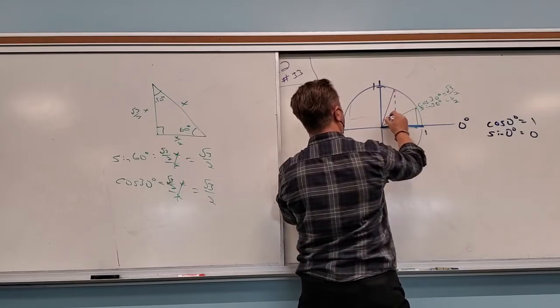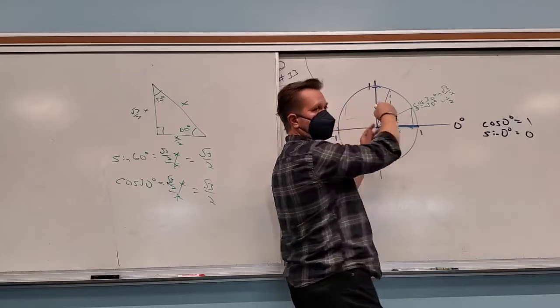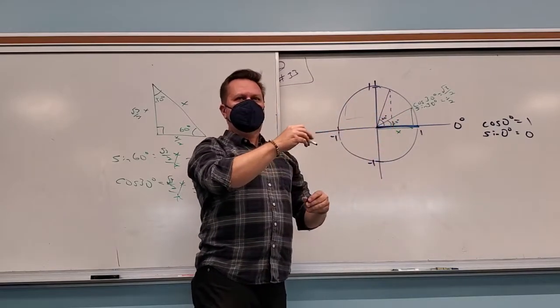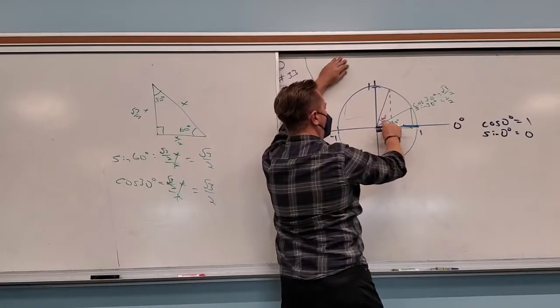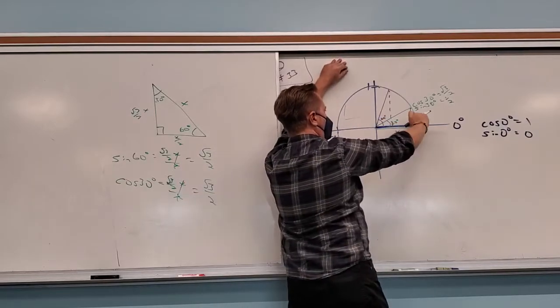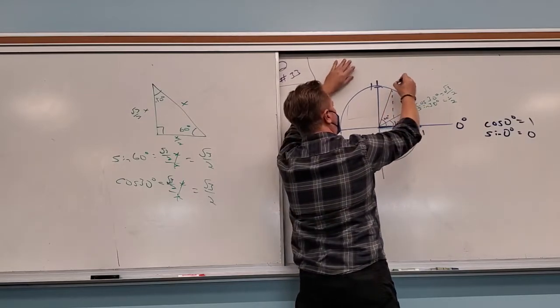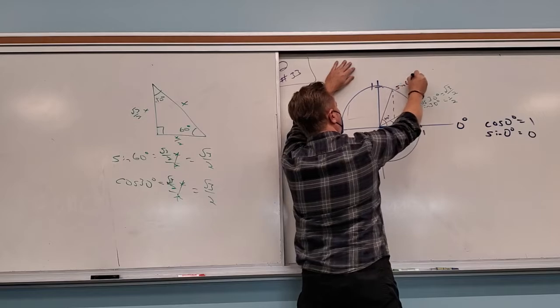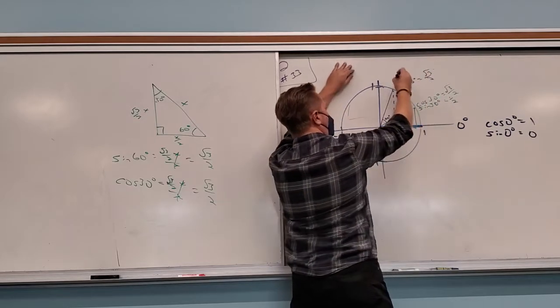Right, so here's 60. Do you see how this triangle is the same as that triangle, just rotated? Right? So it kind of makes sense that now I'm way at 60. What's gotten way bigger? This y side has gotten way bigger, right? So which trig function has gotten bigger? Sine. So sine is going to be rad 3 over 2 now.